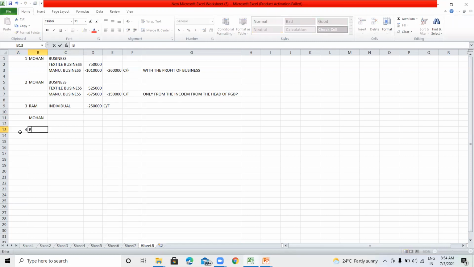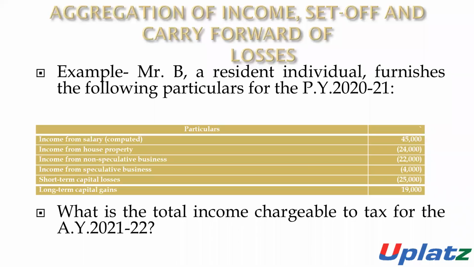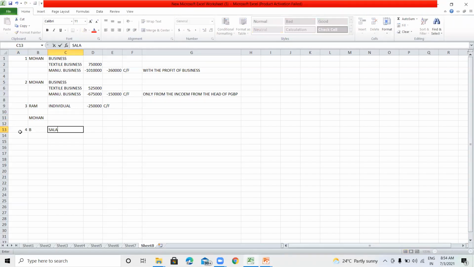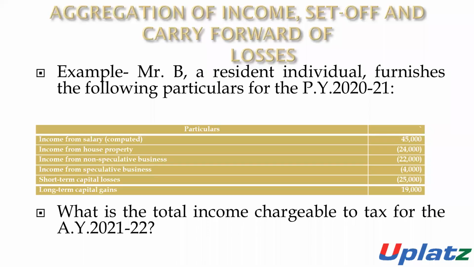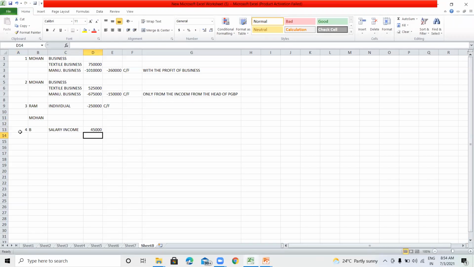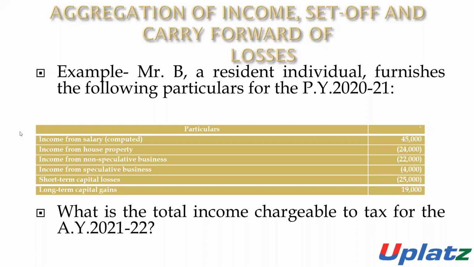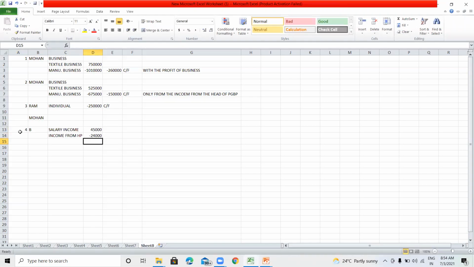Number one, income from salary: 45,000 rupees. The next is income from house property: it is a loss of 24,000 rupees.